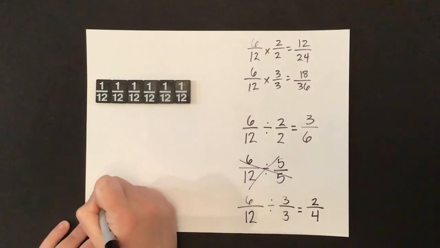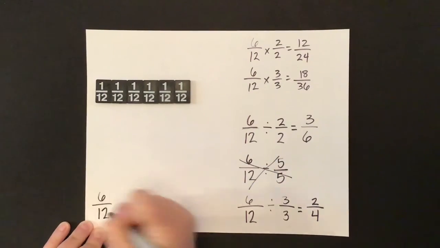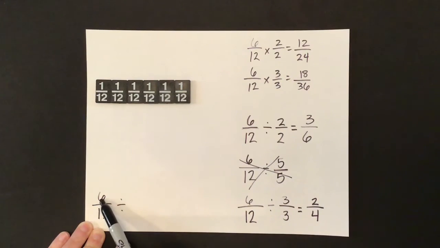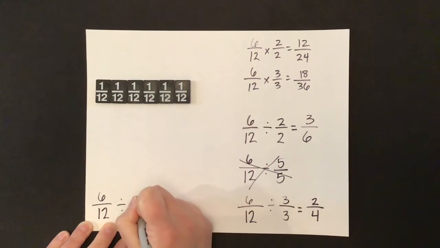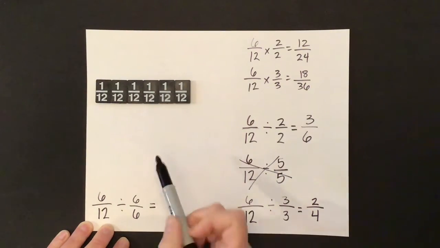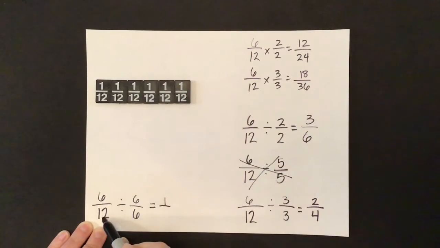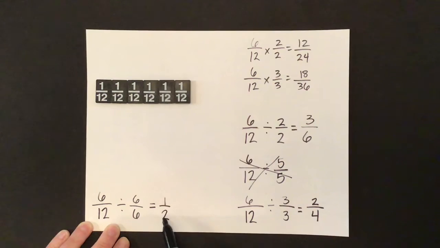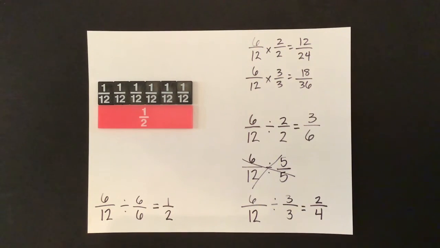There's one more possibility that we can divide by. What about 6? 6 times 1 is 6, and 6 times 2 is 12. So if we divided by 6/6, we could come up with another equivalent fraction. 6 divided by 6 is 1, and 12 divided by 6 is 2. So that gives us 1/2.